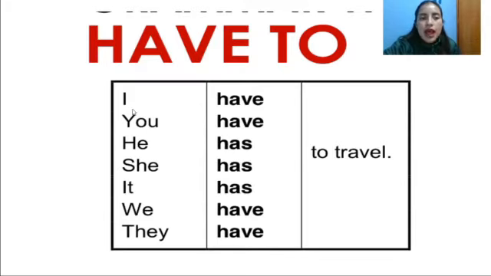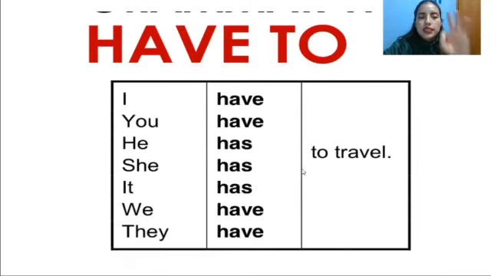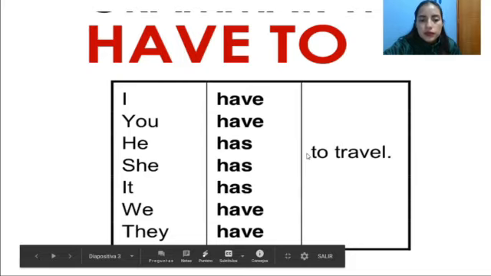For example, I have to travel. Yo tengo que viajar. You have to travel. He, she, and it, you use has to. He has to. She has to. It has to. Ok, recuerden, la tercera persona, he, she, and it, ocupamos has to. We have to. And they have to.